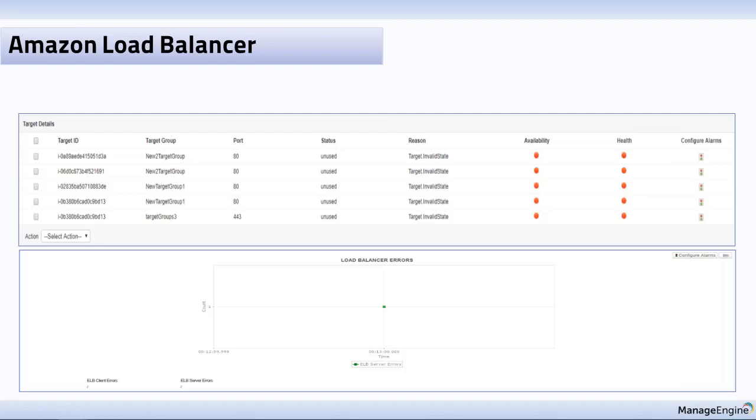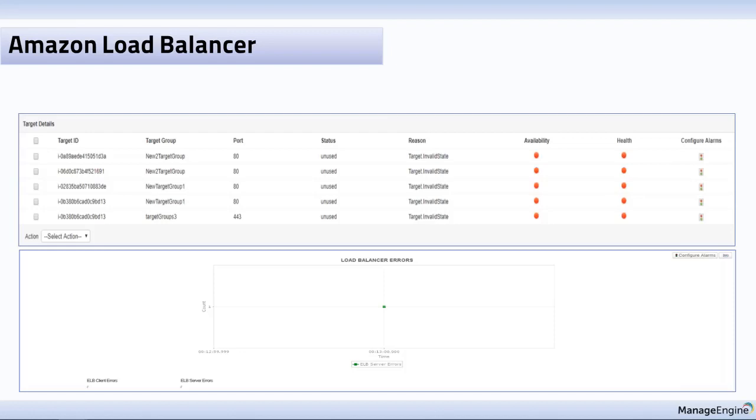What we see here in the screenshot is an application-based load balancer where there might be multiple targets assigned within a single ALB, or application load balancer, and these targets are grouped in a single target group which has its own unique ID. It lets the user identify the number of load balancer errors, and at the same time the reason for each individual error.